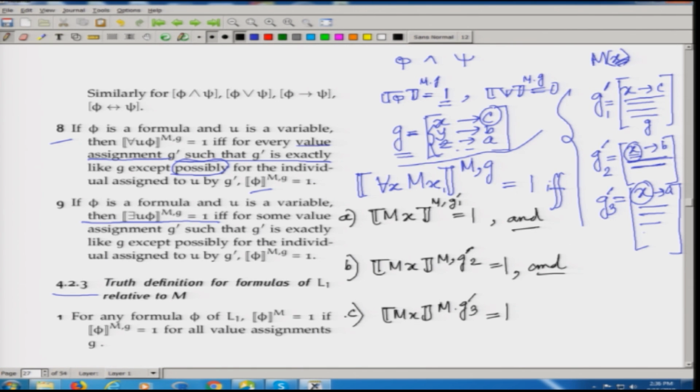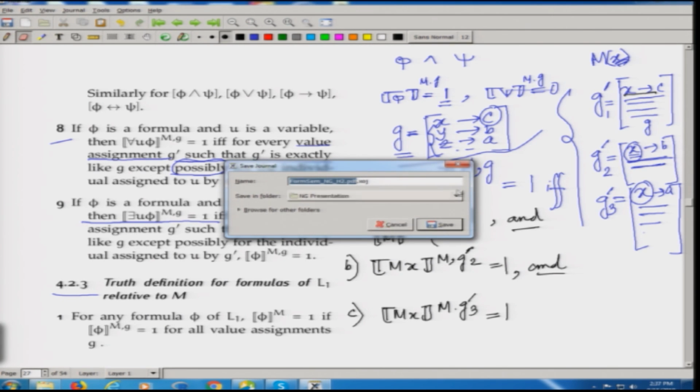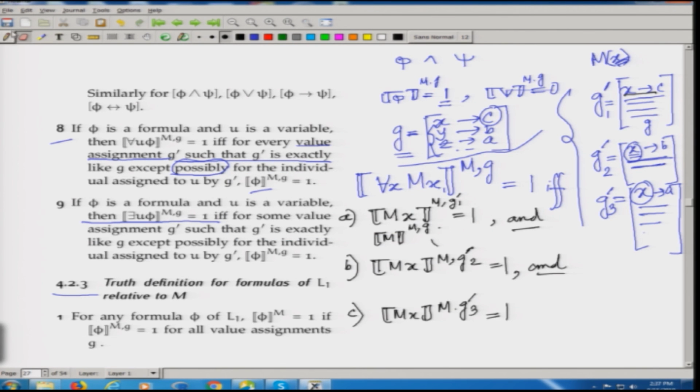Now, we shall check. So, g prime 1 gives c to x. So, here it will be m with respect to m g, which takes the meaning directly, we do not have any problems, we just directly write c.